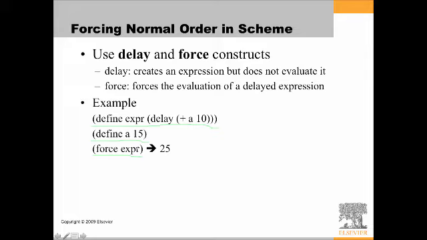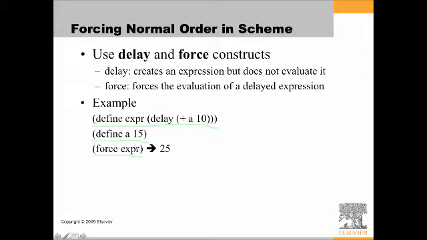And the reason is that Scheme views the delay construct as a promise that once you evaluate the expression, you will no longer change the value of any variables in that expression. That is, it will be side effect free.